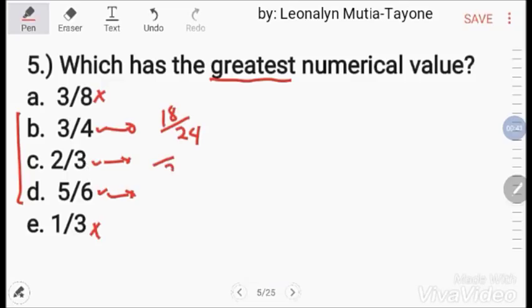Kung 24 times 8 din sa 2, that is 16. Ito naman ay kung 24 times 4, that is 20 over 24. So, ang pinakamalaki nila ay letter D. Siya lang ang pareho man siya ng mga denominator. So, dito ka mag-focus sa numerator. Ang pinakamataas nila ay 20.